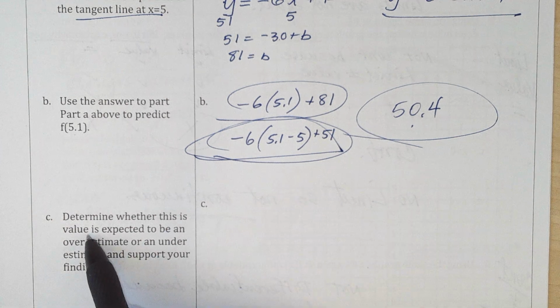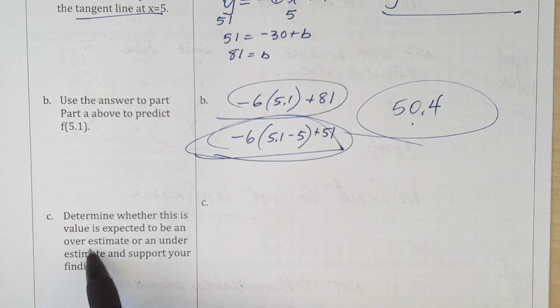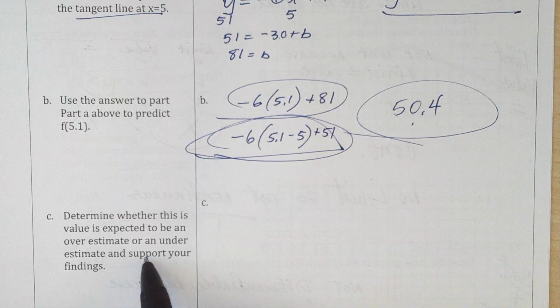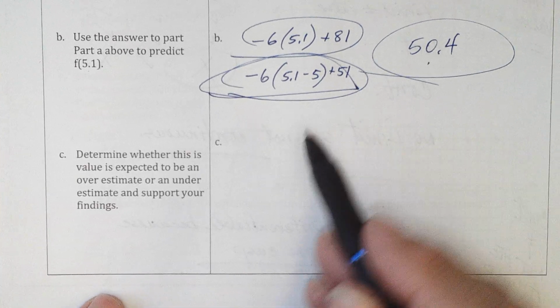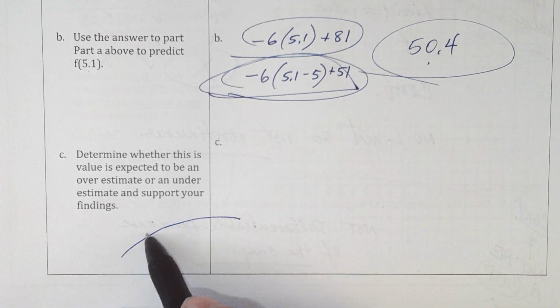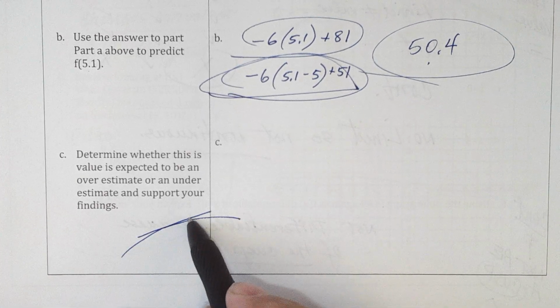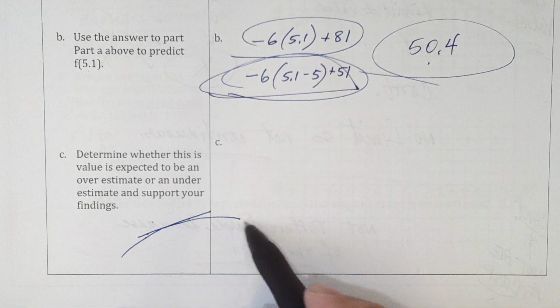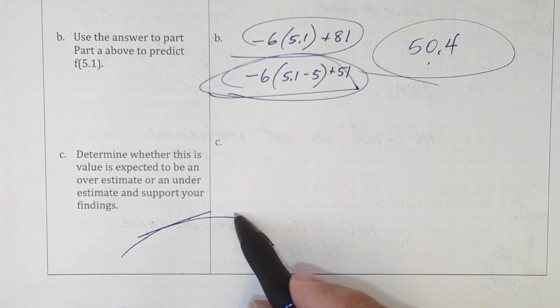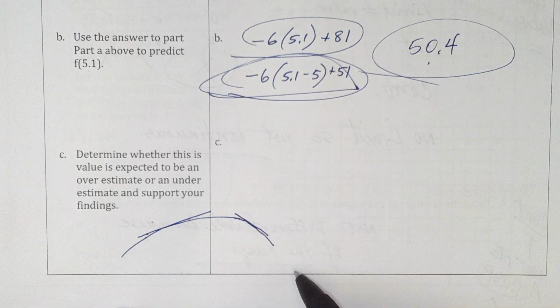And then determine whether this value is expected to be an overestimate or an underestimate. Well, a tangent line depends on the curvature. If I have a graph that's curved this way and I make a tangent line, it's going to predict higher than the curve. Even if it's going downhill, it's going to be higher than the curve.